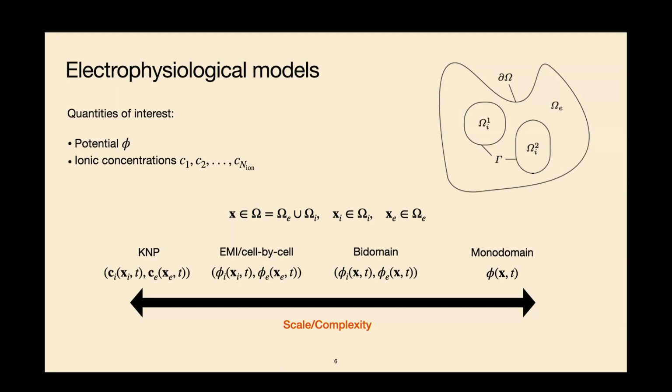A bidomain, so you have intra and extracellular potential in every point of the domain, or you can go for a very small scale, and this is what we do here. This is the EMI, or cell-by-cell, so we consider the explicit geometric representation of the cells, as I showed in the geometries.